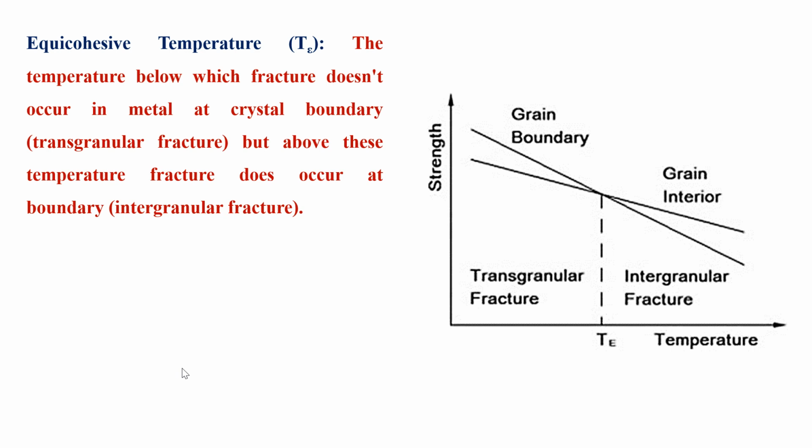So at the equicohesive temperature, the strength of both the grain boundary and grain interior will be the same. Below the equicohesive temperature, grain boundaries will be stronger, and above the equicohesive temperature, grain interior will be stronger. Therefore, below the equicohesive temperature, transgranular fracture will happen across the grains, and above the equicohesive temperature, intergranular fracture will take place.